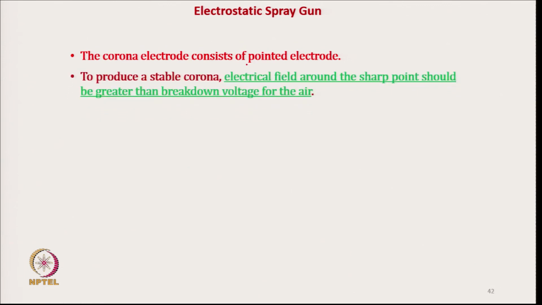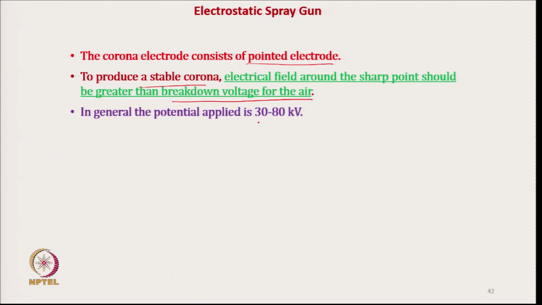A pointed electrode is used here to produce a stable corona. The electrical field around the sharp point should be greater than the breakdown voltage of air. 30 to 80 kilovolt is used here.